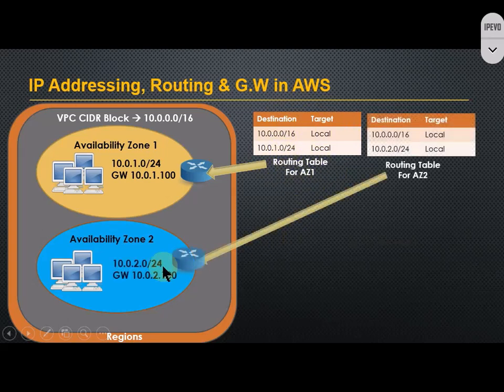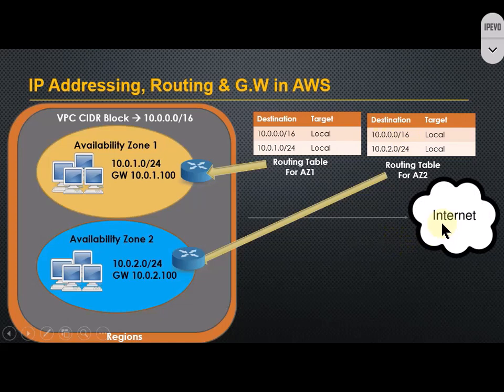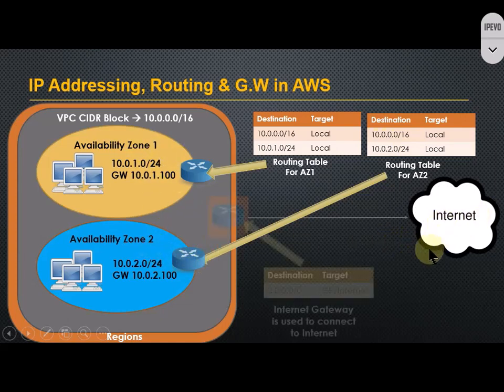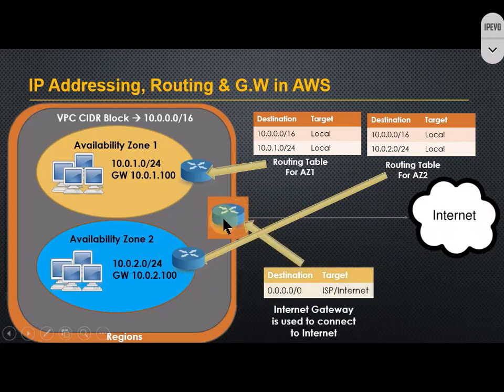Then we have another availability zone with a different routing table. If I want either or both of these availability zones to communicate with the internet, I'm going to deploy another virtual gateway, the internet gateway. This is going to be destined to 0.0.0.0/0, which is nothing but the default gateway. So this is how our AWS topology will look.